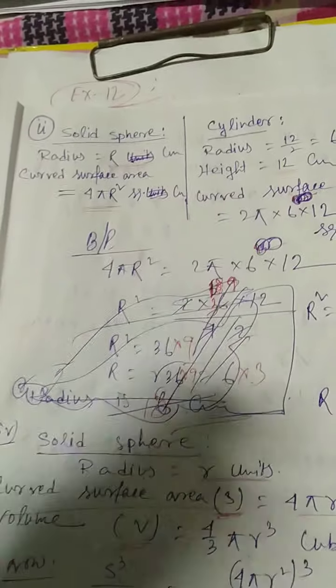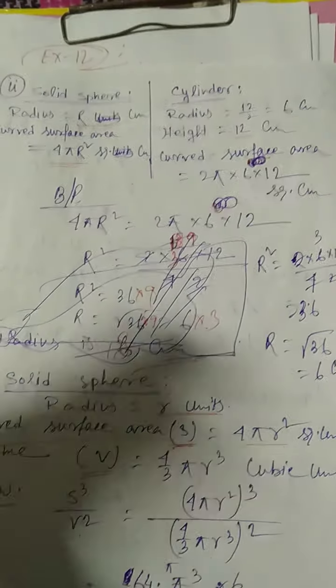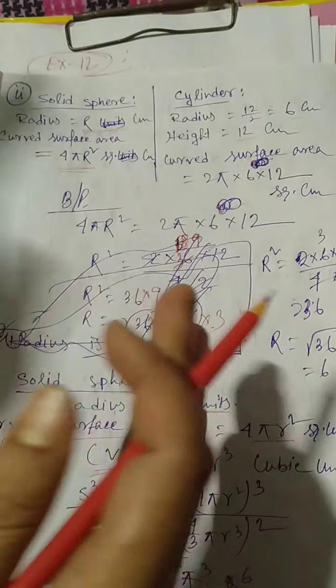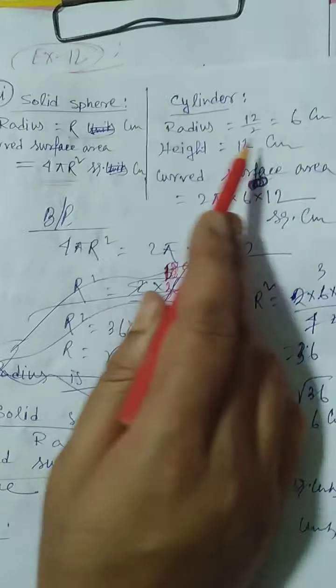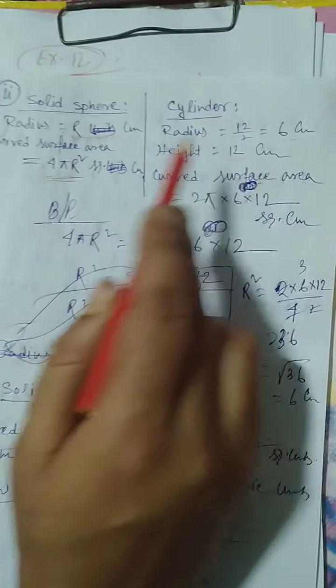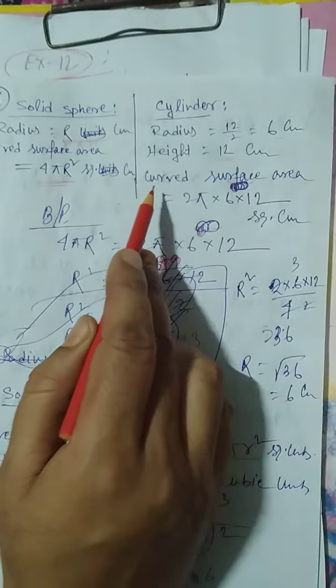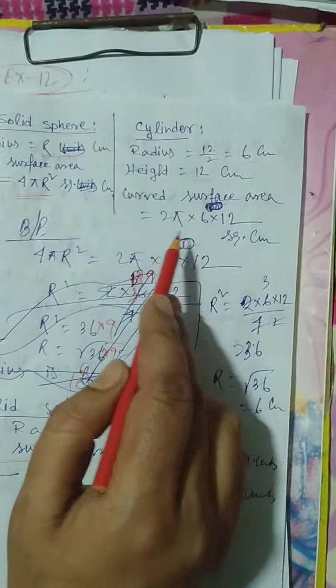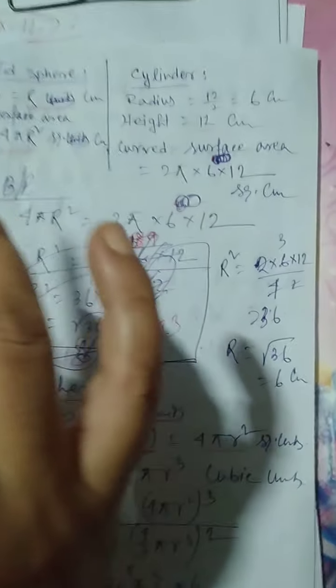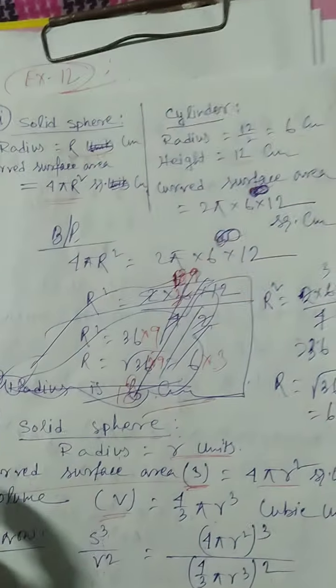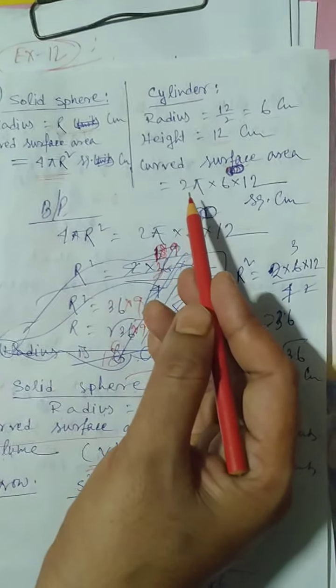Okay. Next, question number 2. A solid sphere and a cylinder are given, and their curved surface areas are equal. The radius of the cylinder is 6 cm and the height is 12 cm. So its curved surface area equals 2 pi rh, which is the formula of the curved surface area of a cylinder.